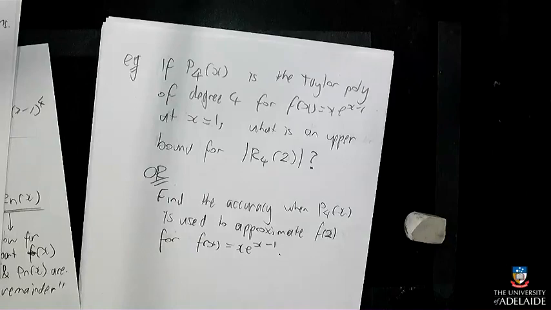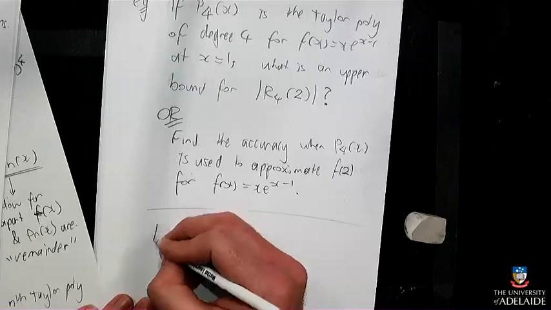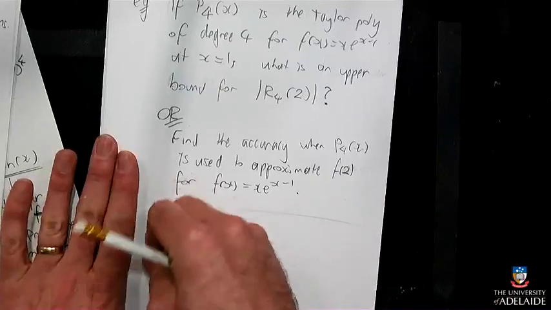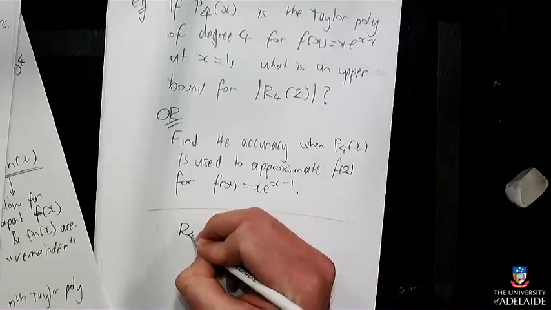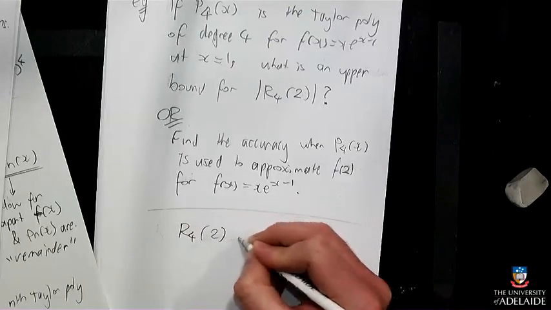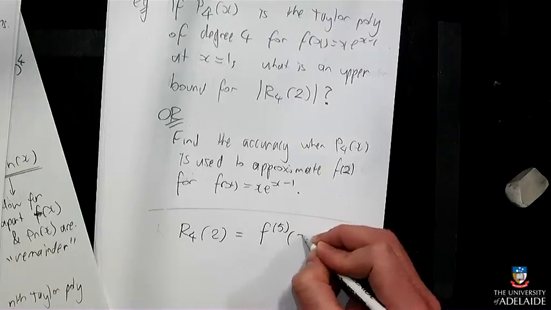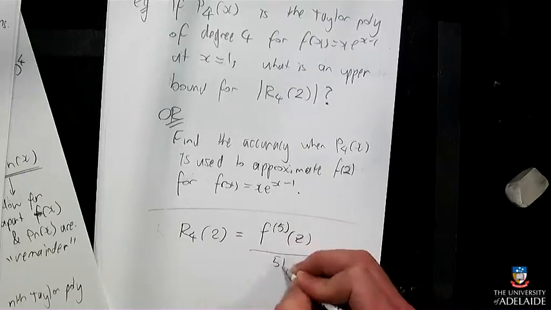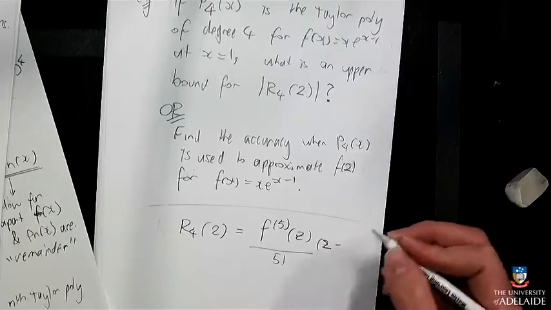Okay. So let's actually do that. So the remainder, we know that the remainder R4 at 2 is the fifth derivative at some point z, over 5 factorial, times (x - 1) to the 5.